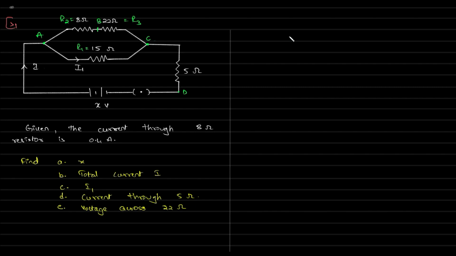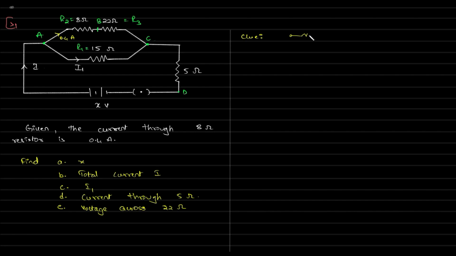Okay. Your second clue will be how to figure out VAB. That is VAC, sorry. See, we have the current through this. I hope you guys have read the question. The current through 8 ohm is 0.4 ampere. So we know the current through this part of the path of the circuit.